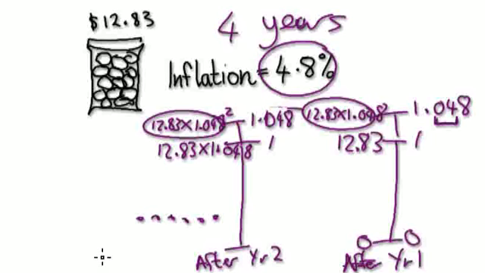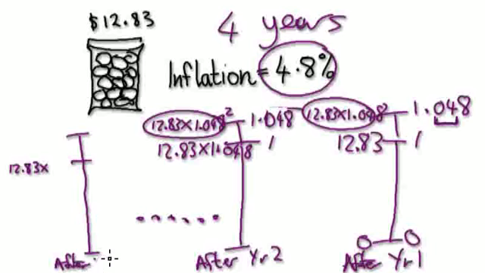Take it to year 4. So at year 4, this will be 12.83 times, after year 4, remember this bit will be 1 less than year 4, so it should be to the power of 3.